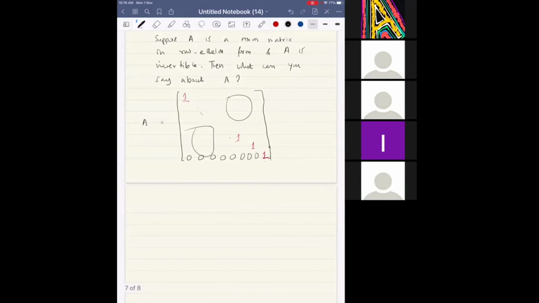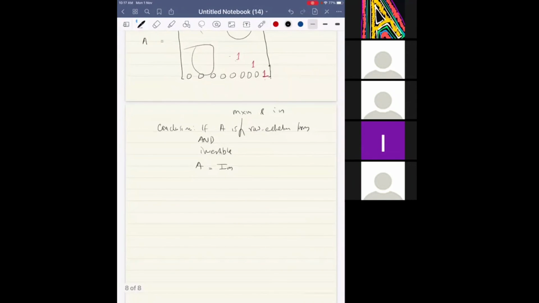So the conclusion: if A is M cross N, invertible, and in row echelon form, A is the identity matrix.